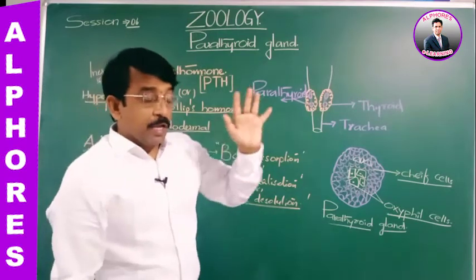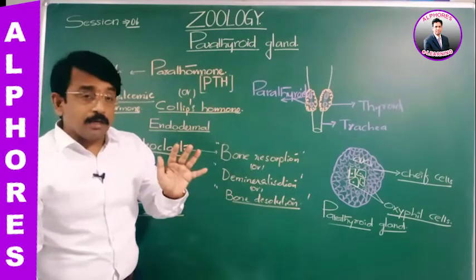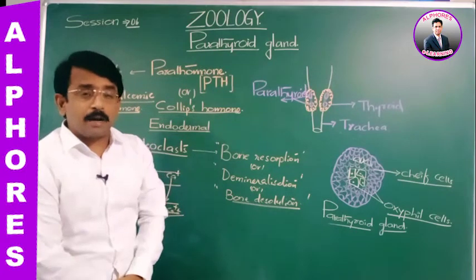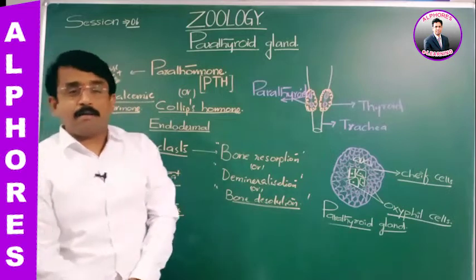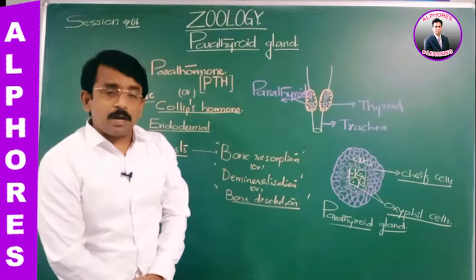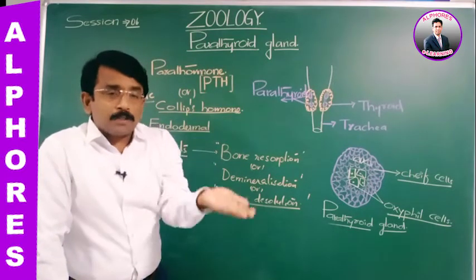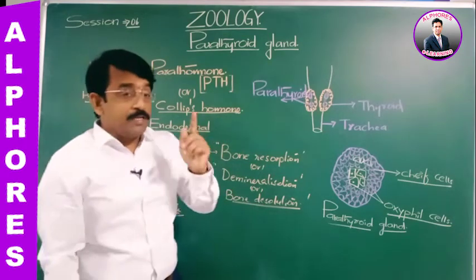Generally, in the endocrine system, there is a tendency that the level of a hormone is influenced by another endocrine gland. Suppose the growth hormone levels decrease, then somatocrinin, that is growth hormone releasing hormone, increases, which increases the growth hormone level, so that causes growth.